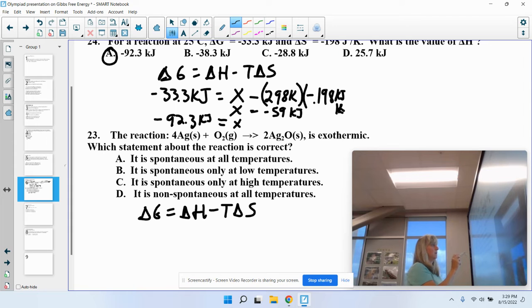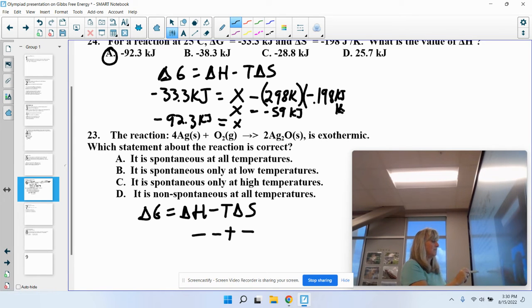It's exothermic, so we know delta H is negative. No matter what, temperature is going to be positive because it's in Kelvin. And now delta S, for this reaction, we have a solid and a gas going to all solid. So in this case, entropy would be decreasing, so it is negative.